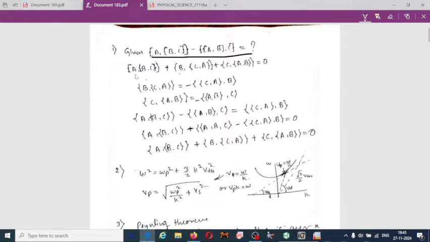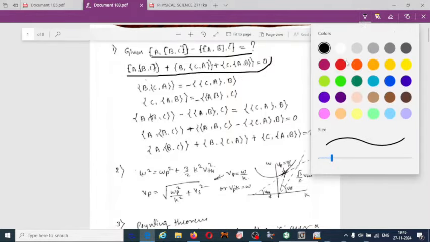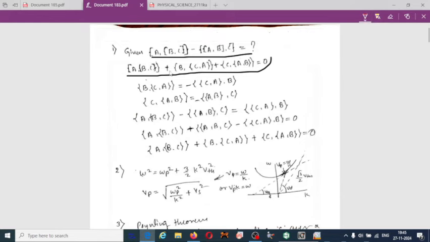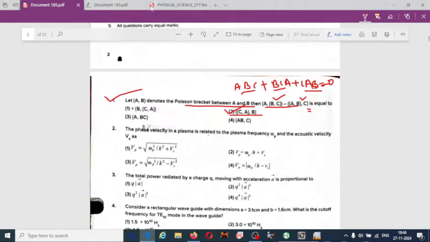Here is the standard equation for the Poisson bracket, where the sum of these three terms must be equal to 0. But they have given these two equations. If you write the inverse of these, you will get a minus sign here. That must be equal to the correct one from the given options.